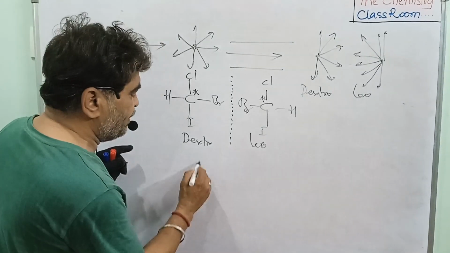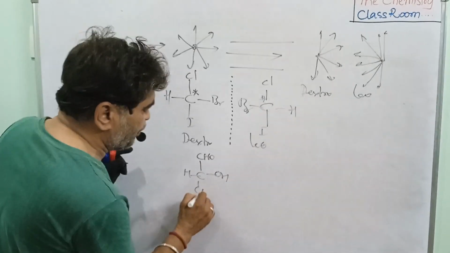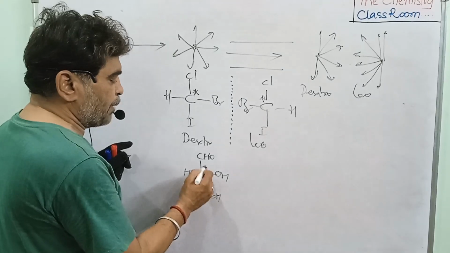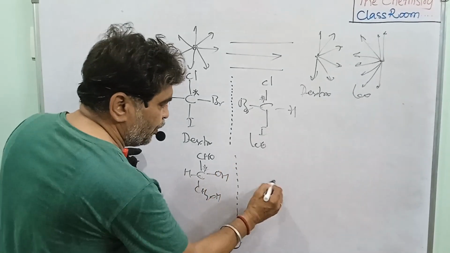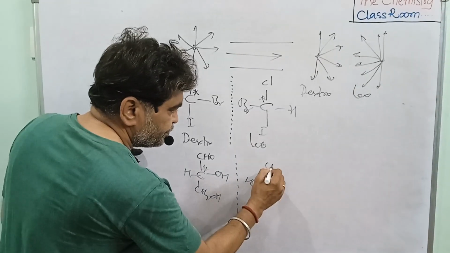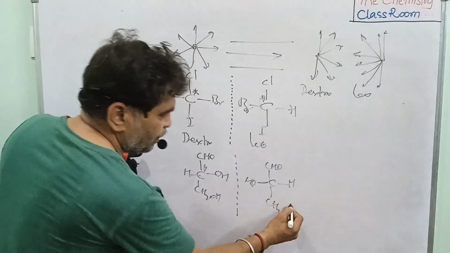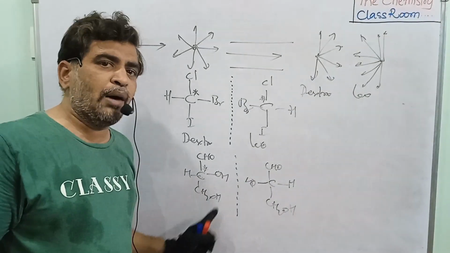So one more example we will take. The compound is called glyceraldehyde. In the glyceraldehyde compound, this carbon is the chiral carbon. You are getting the mirror image for this compound. So we are getting two compounds.